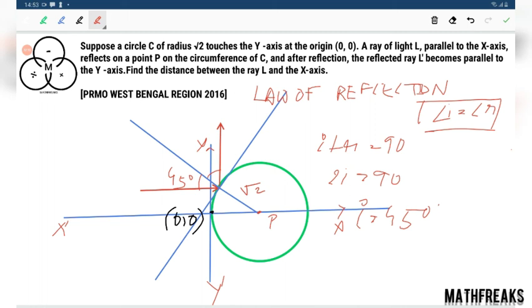We need to find the perpendicular distance, that is, this distance we need to find. Now this angle is what? 45 degrees, because this is parallel to the x-axis. This angle is also 45 degrees, alternate angles.